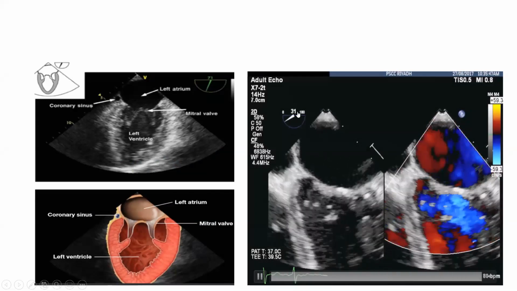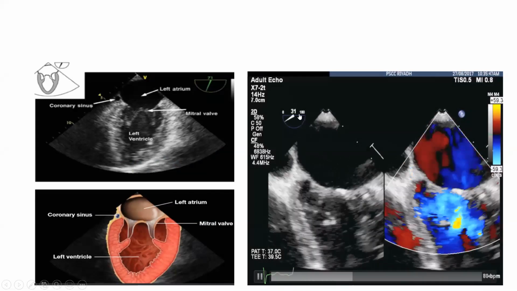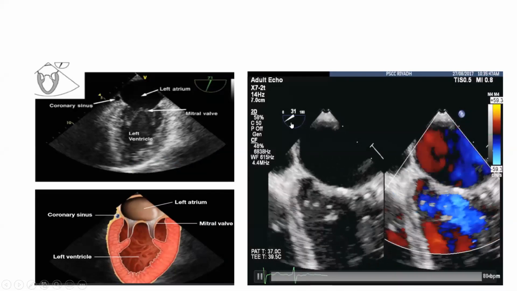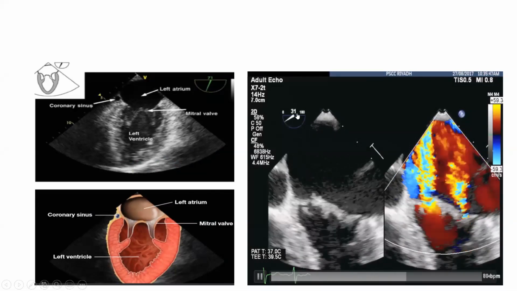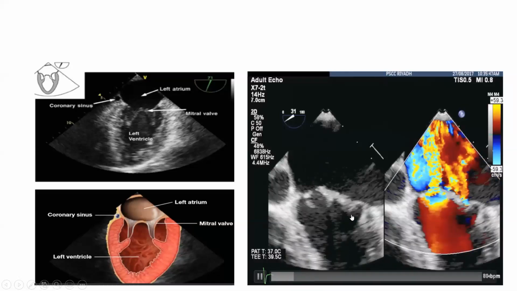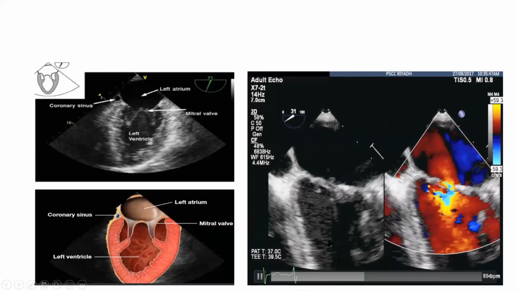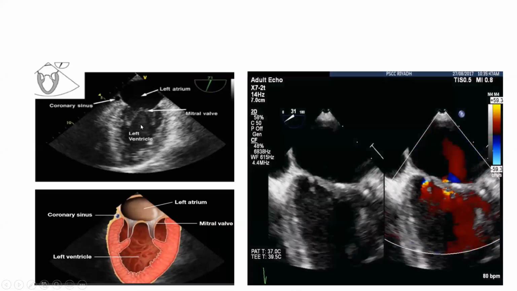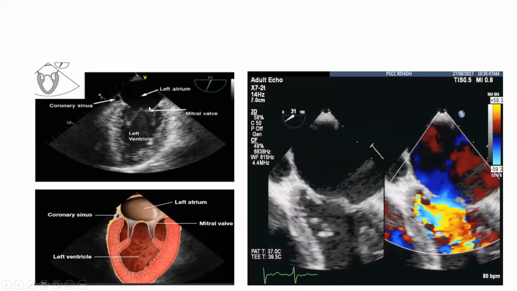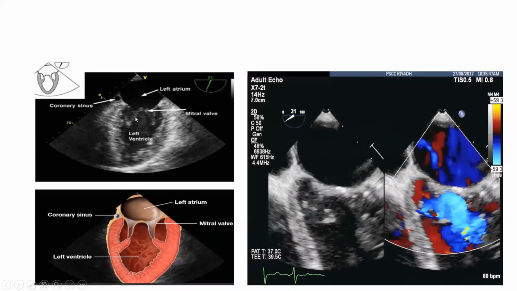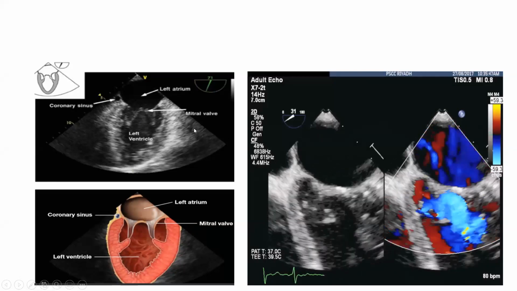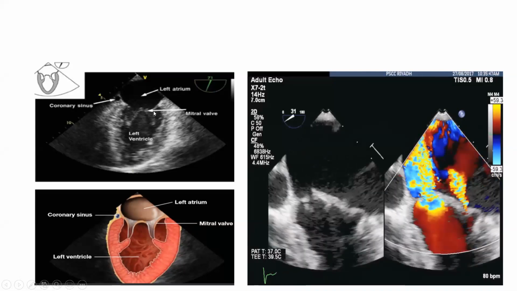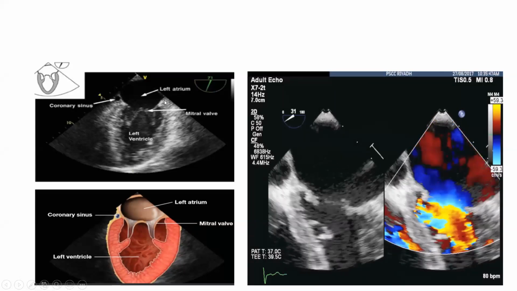Now I start to move the omni plane from 0. I went just to 30. You can go to 40 till you get the commissural view. Commissural view is a very important view. They call it commissural view because you are cutting the mitral in a plane that you get P1 here.